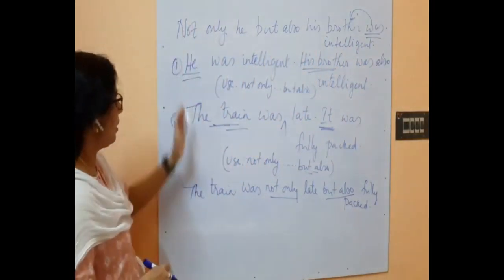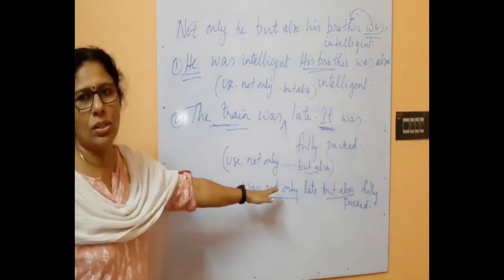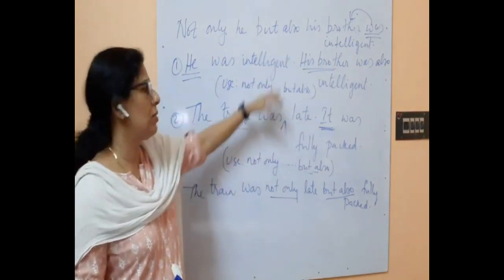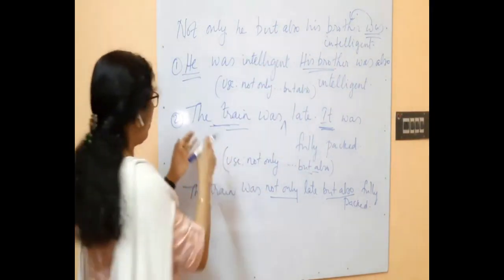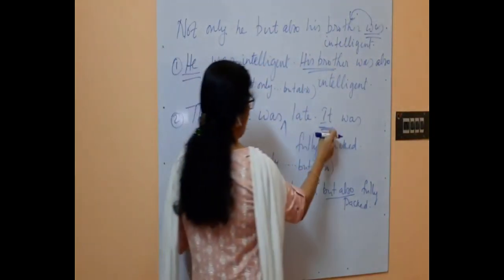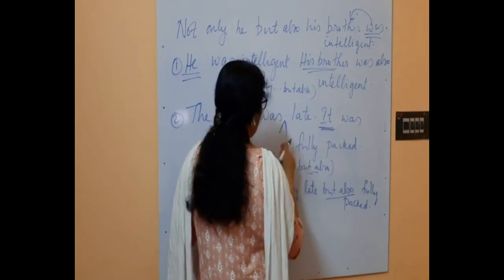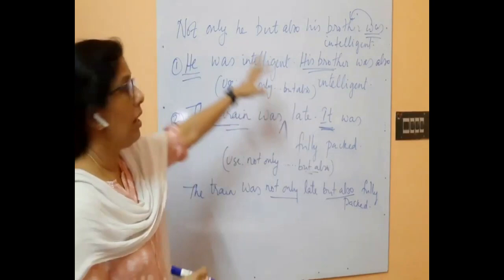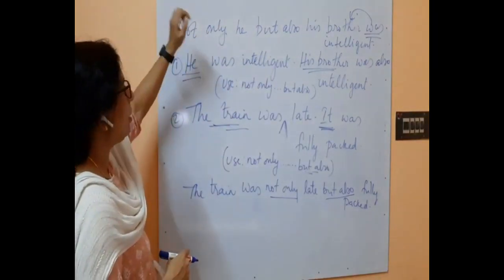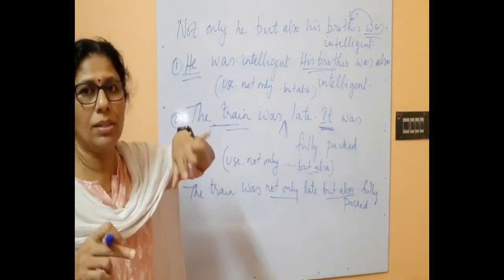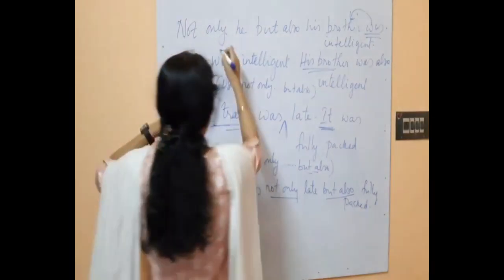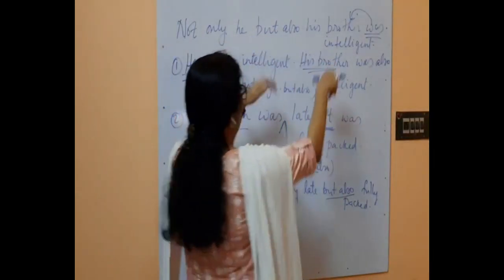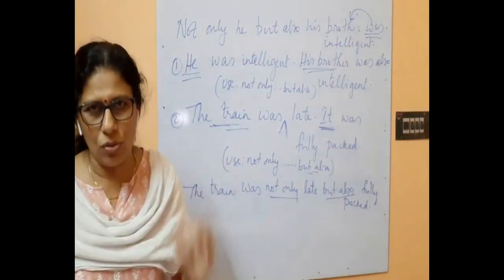So the difference in combining is that the same conjunction, not only but also, is used, but the difference you have to understand. In this sentence where the subject is same, you have to insert the conjunction after the verb, but if both the subjects are different, you have to begin the sentence with not only. But when you are beginning the sentence with not only, that construction, not only he is intelligent but also his brother, is wrong.